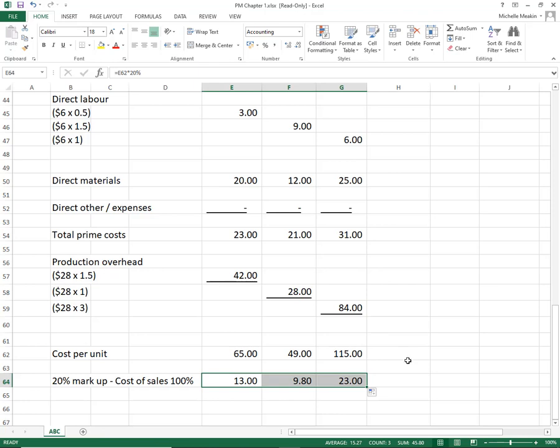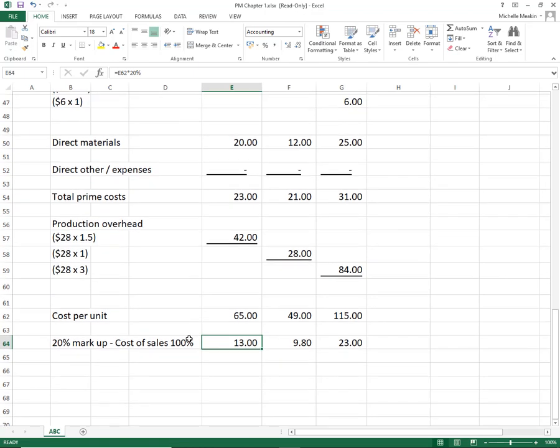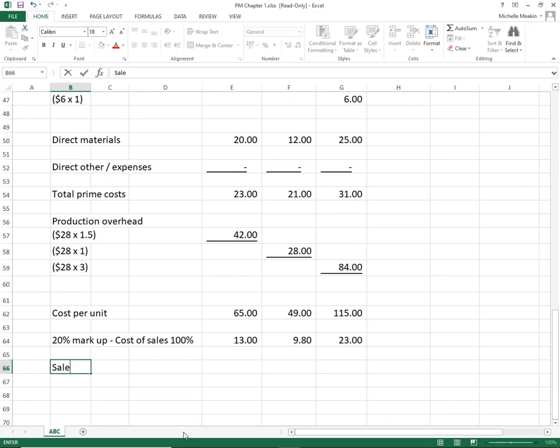That means the amount of profit will be $13 for X, $9.80 for Y, $23 for Z. And we now have our sales price per unit when you add your cost plus the profit.